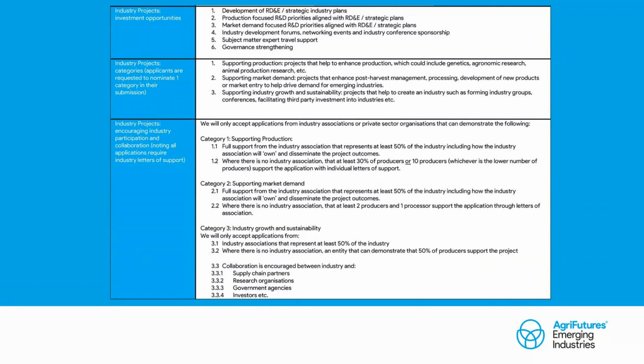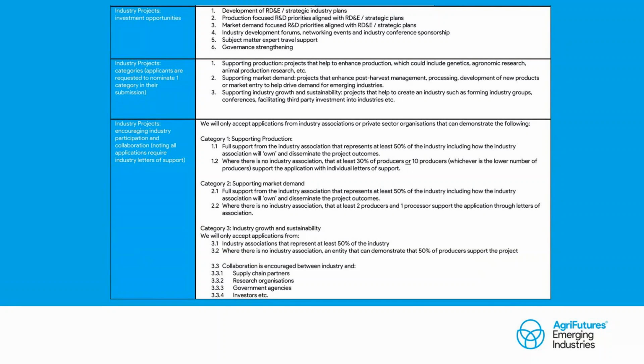Just adding to that one, Tom, and just again for clarity, the reasoning for that is that when we're assessing applications, we need confidence that the project that we're being asked to fund is a priority for the industry and is going to support the industry's growth.